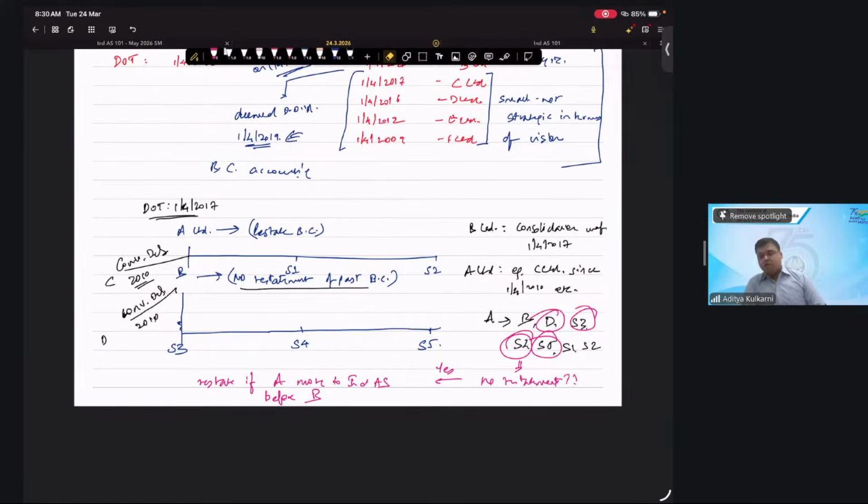And therefore, what are you going to do? No restatement. Now, in that case, will B do a restatement? Answer is no, because it has chosen the option of restatement from the date of transition, that is 1st April 2017.